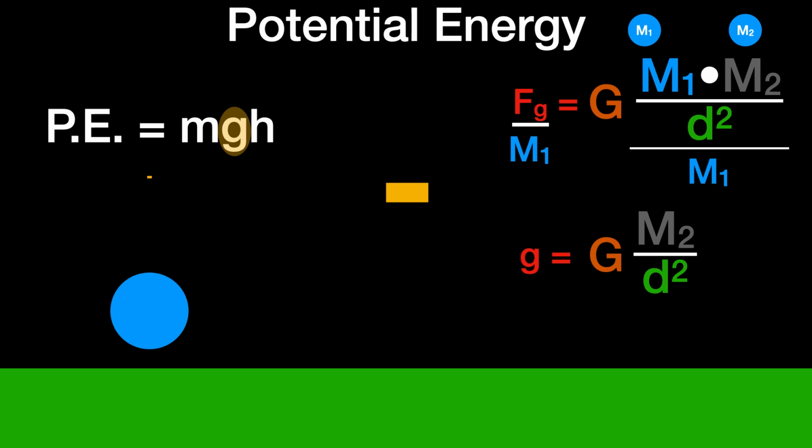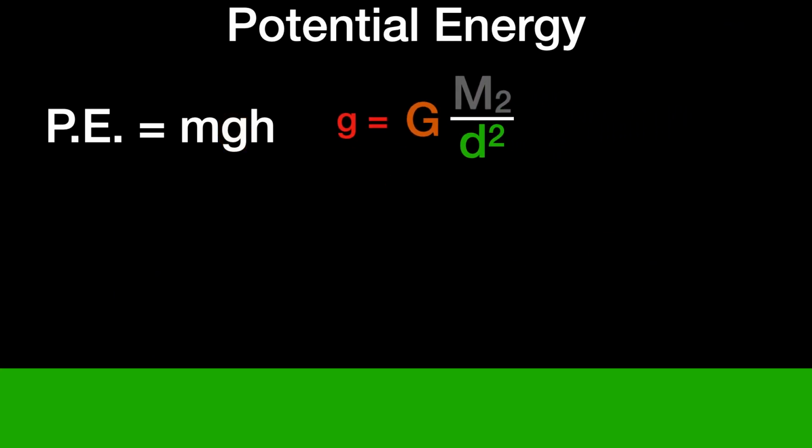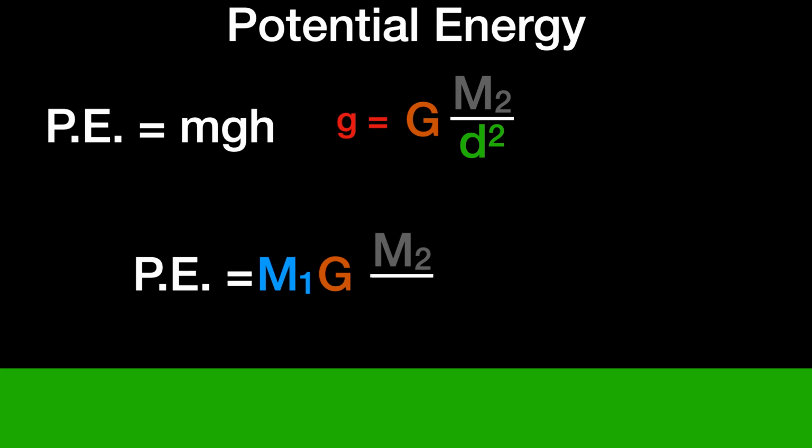Okay, so this is our equation, right? So this is G. Now we know what G is. It's this thing. So what we can do is take this equation, PE equals M1 G M2 divided by D squared, times D. Now, where did I get this equation from? I just used this equation up here and transferred it over.